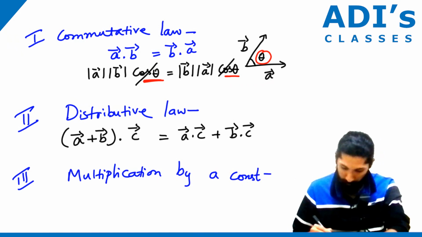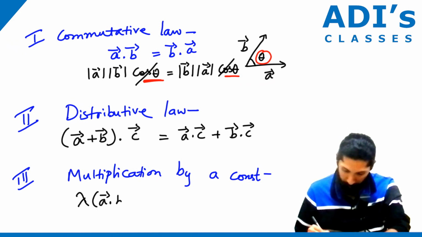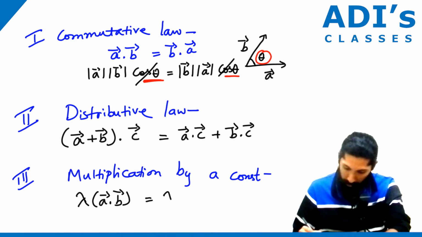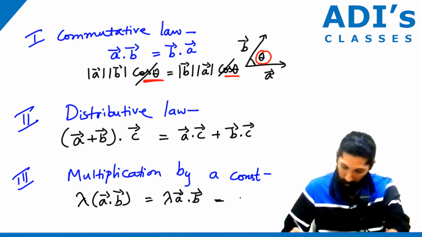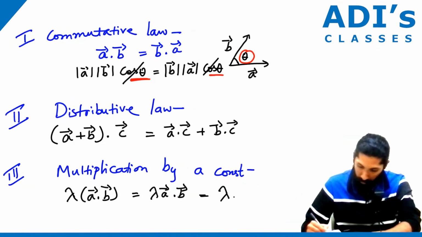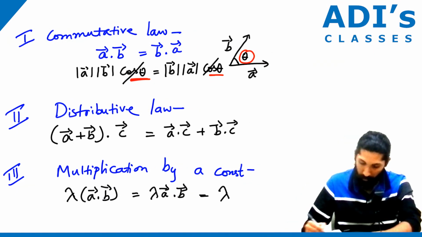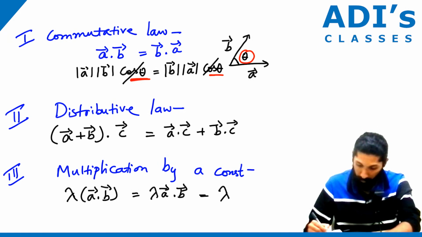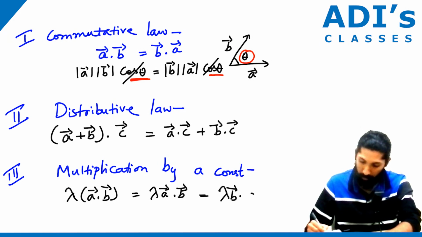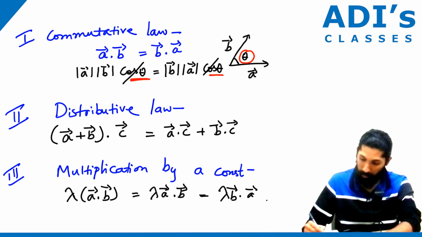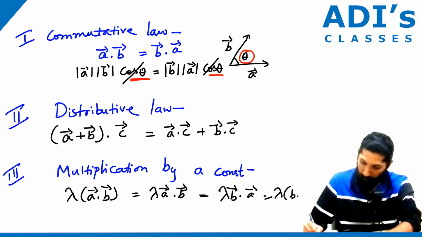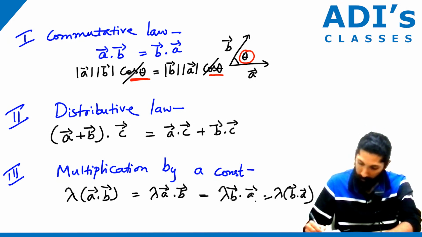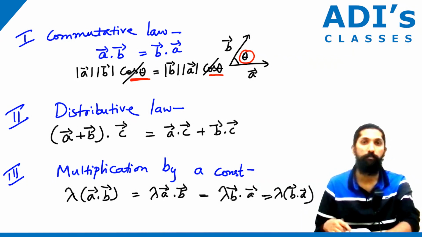Suppose you have some constant lambda into A dot B. This is equal to lambda into A dot B, or this can also be written as lambda into B dot A. They're all the same.